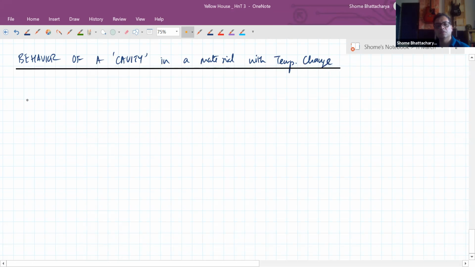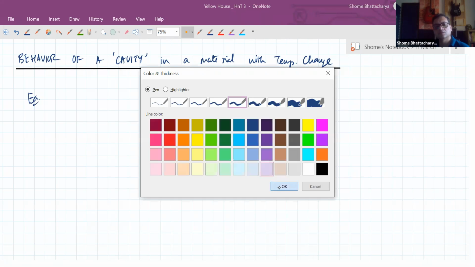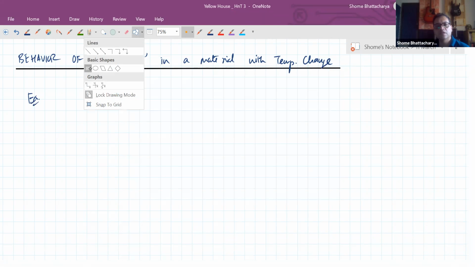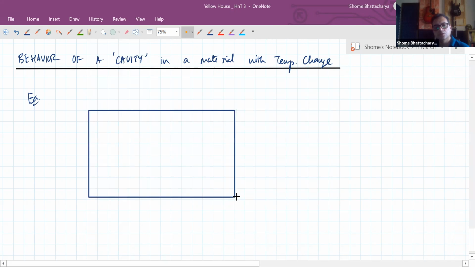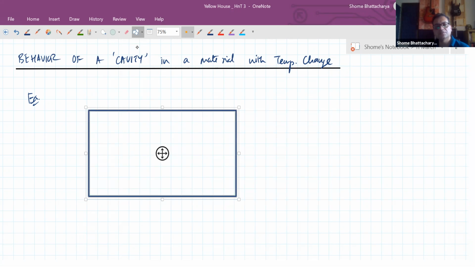So for example, suppose we have this kind of situation. We have a solid block which has a spherical cavity.